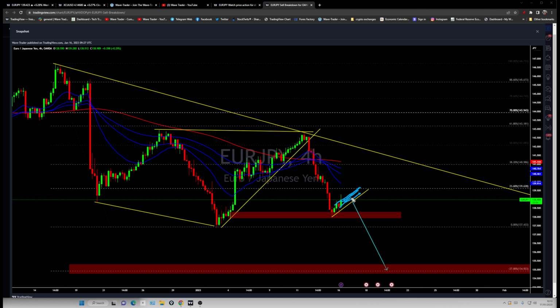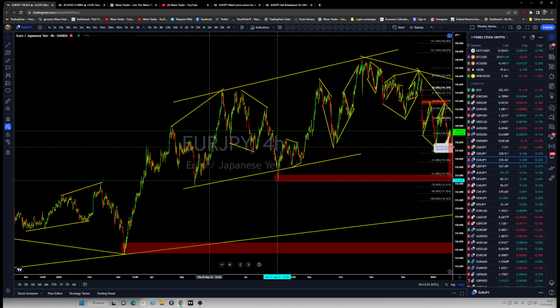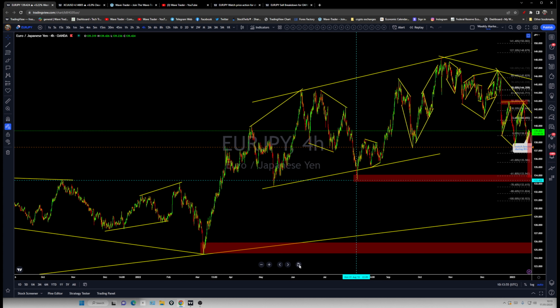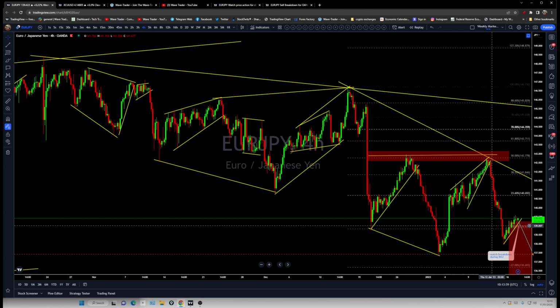Price is already in that flag ahead of the Bank of Japan rate decision. All right, and now let's look at the chart. Okay, so price is just simply in that flag ahead of the Bank of Japan rate decision.